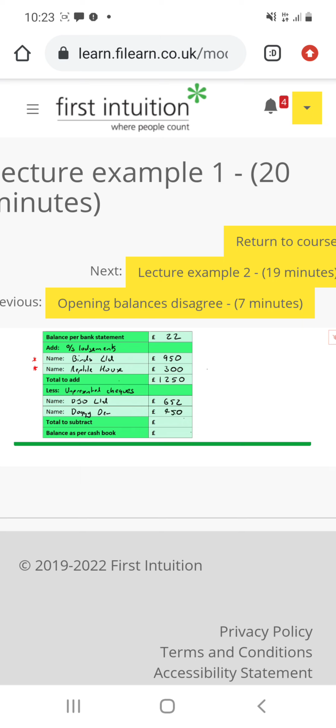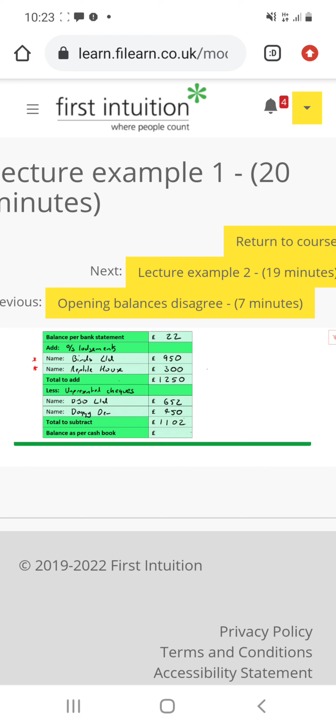Right number, wrong label. Apologies about that. So we've got 652 and 450. We've got those two things there. So how much are we actually going to need to subtract? Well, 1,102. Fine.